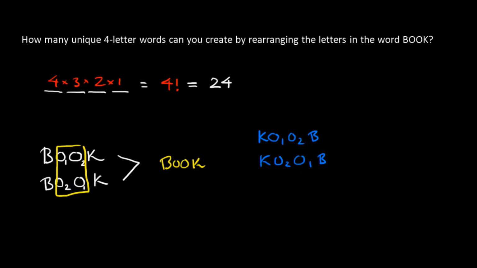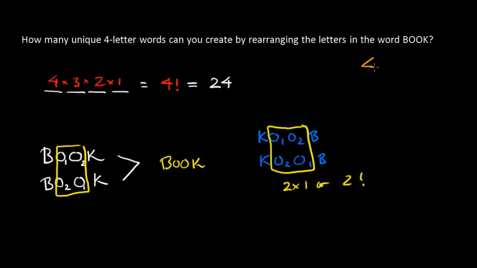Again, by a factor of 2, because there's exactly 2 ways we can rearrange those O's, which of course is 2 times 1 or 2 factorial. So we have to adjust our 24 to get the correct answer.